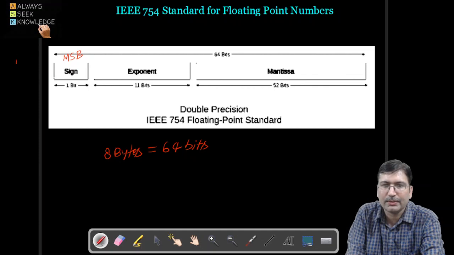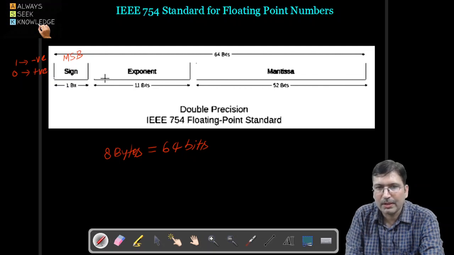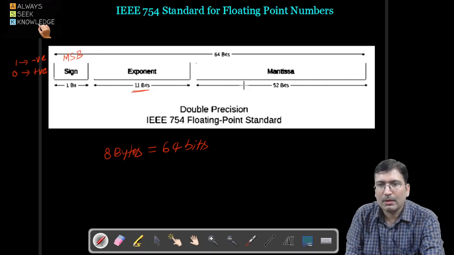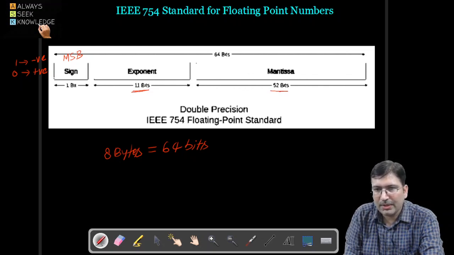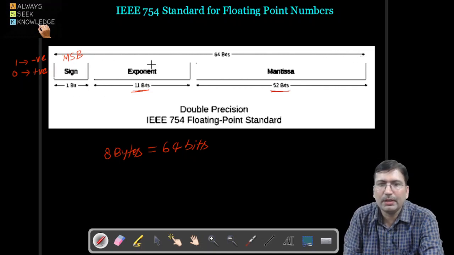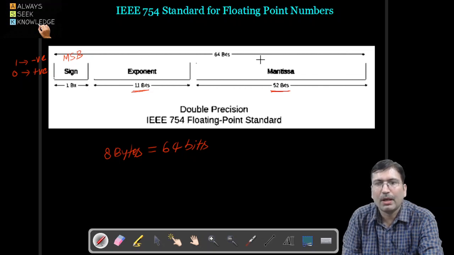Again, if it is 1, then we treat the number as negative. If it is 0, we treat the number as positive. The next 11 bits from the MSB side will be storing the exponent, and the remaining 52 bits will store the mantissa part. The total size is 64 bits: 1 sign bit, 11 bits for exponent, and 52 bits for mantissa.